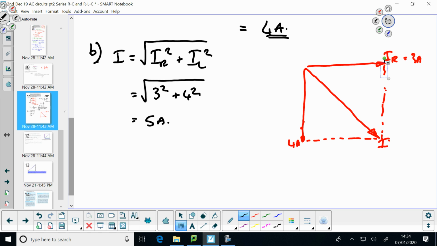Everybody up with us at this stage? Good. Right. Circuit phase angle. So that's this one in here.